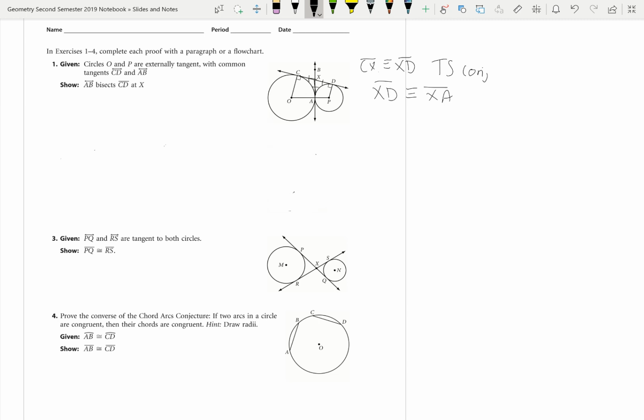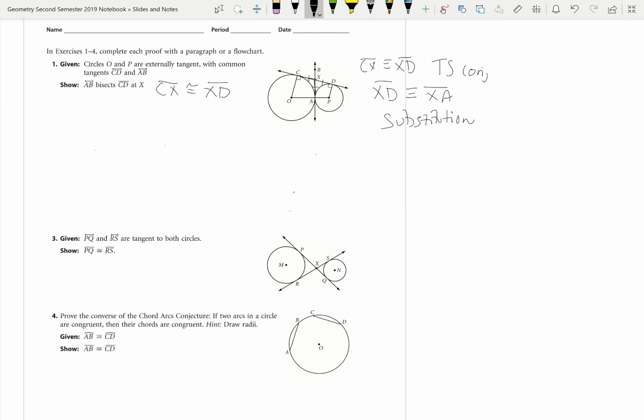And since we have 2 equations, we're probably going to be using substitution to do our proof. Yep, we can see we have 2 tangent lines, we have 2 right angles, and we're trying to show that AB bisects CD at X, which means we're trying to show that CX is congruent to XD because the definition of bisect is to divide into 2 congruent parts.